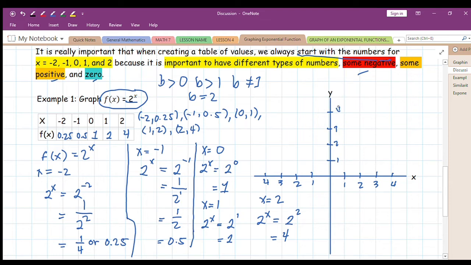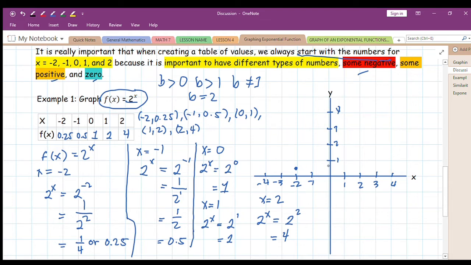Okay, let's have first our first ordered pair. So we have negative 2 and 0.25. So we have negative here, negative 2 and 0.25. So meaning to say, it will pass to this area, and then we have negative 1 and 0.5.